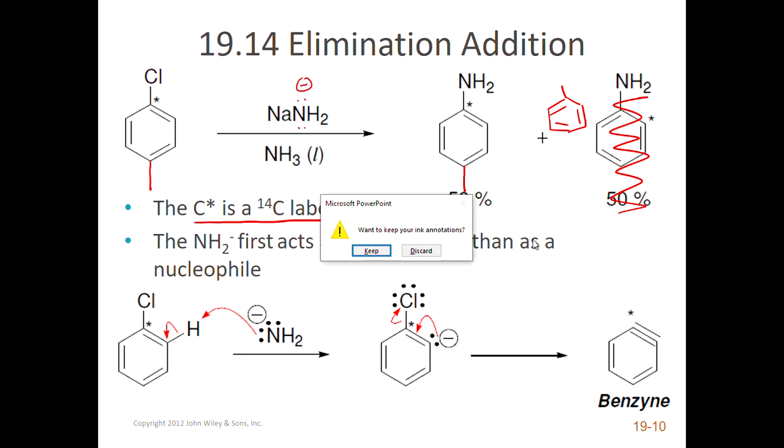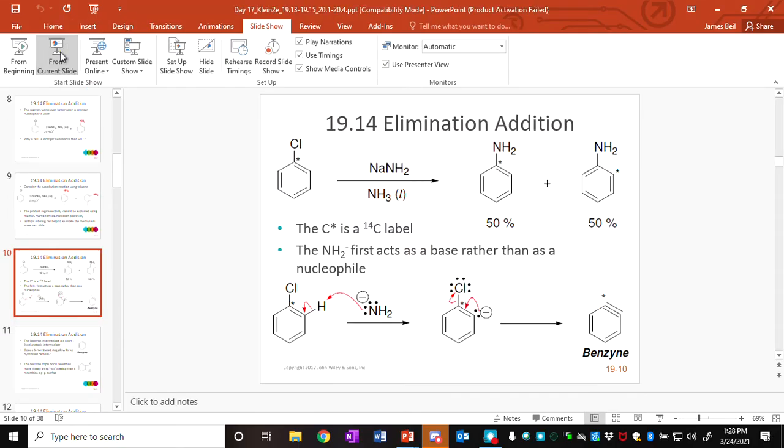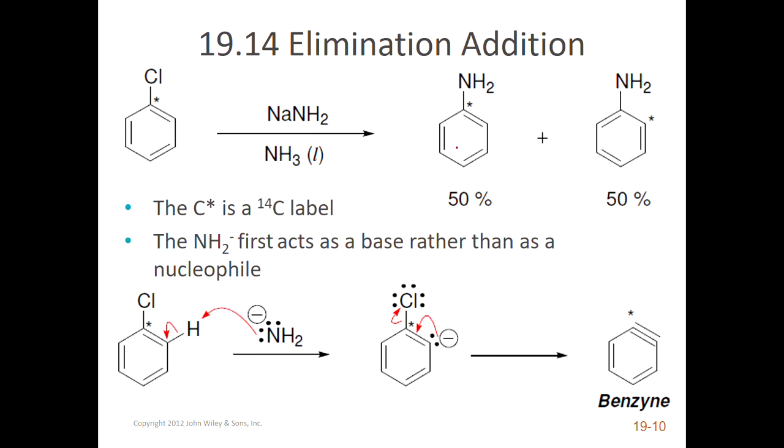Actually, let me redraw that. So if there's a methyl group here, it would be here still in the product where the nucleophile replaces the chloride on the same carbon. And then the other product would form from the nitrogen attacking a different carbon.